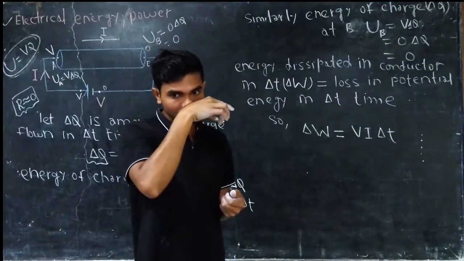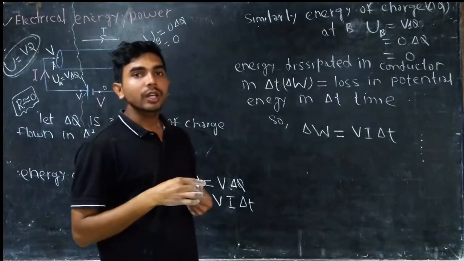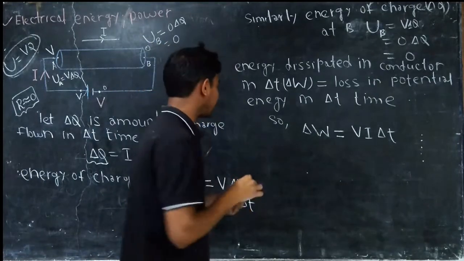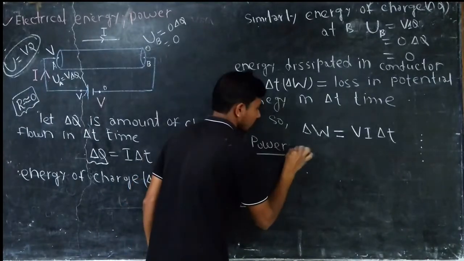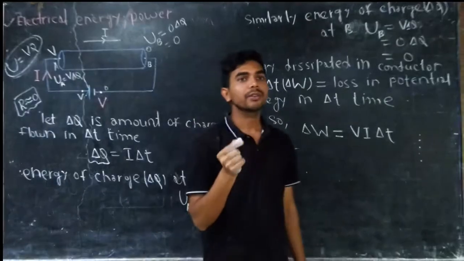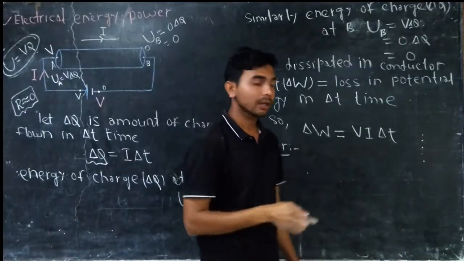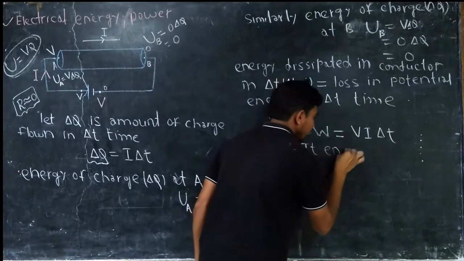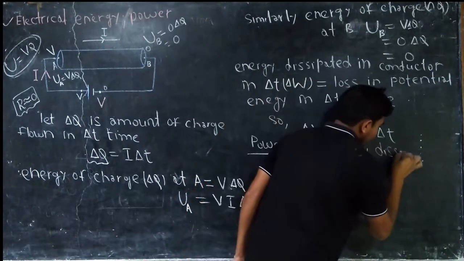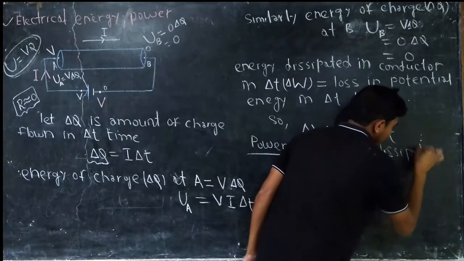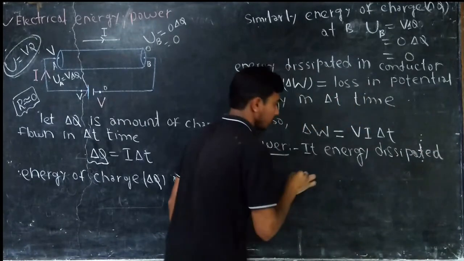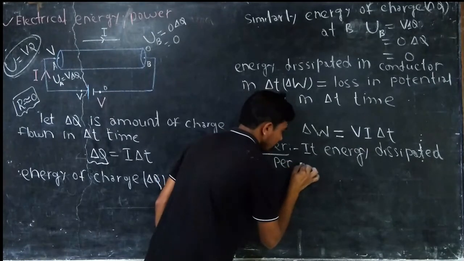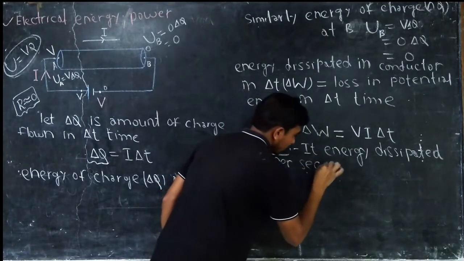So we have calculated the energy dissipated. Next we are going to define power. Power is energy dissipated per second.